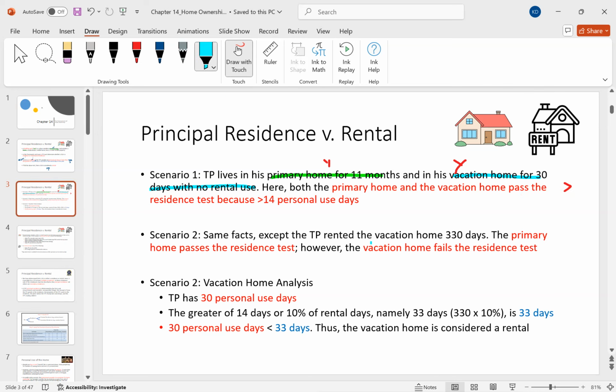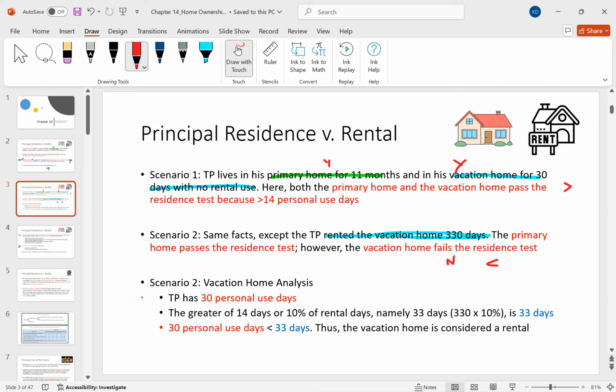If we change the facts and just focus on the vacation home, and say we rented that for 330 days, then we're going to have no for the vacation home. 30 is less than 330, so that is going to be considered a rental in that case, whereas the primary home will still be considered a residence.